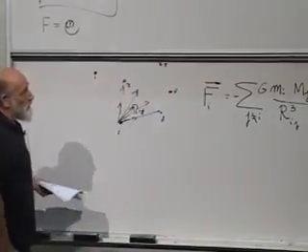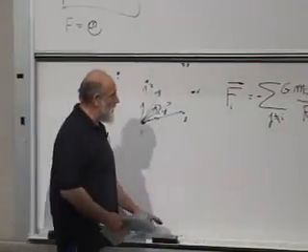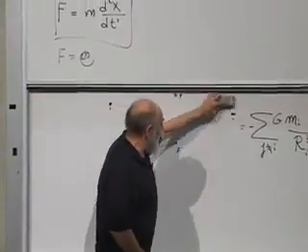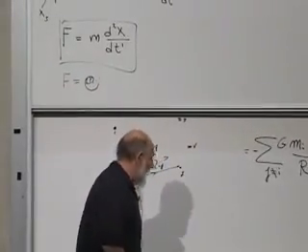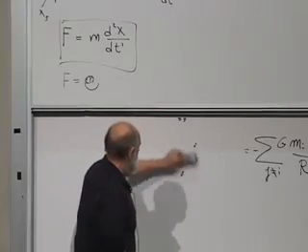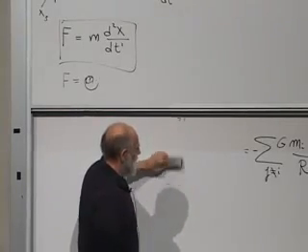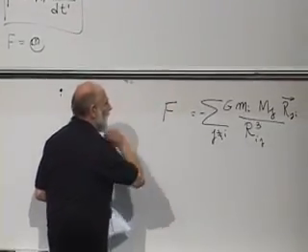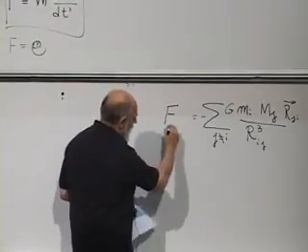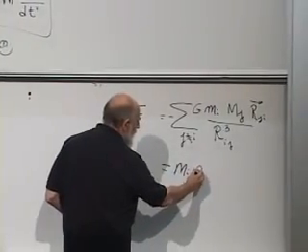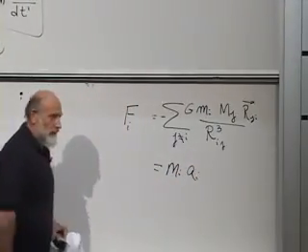If we combine it with Newton's F equals ma equations, then this is F on the ith particle, and it is equal to the mass of the ith particle times the acceleration of the ith particle.